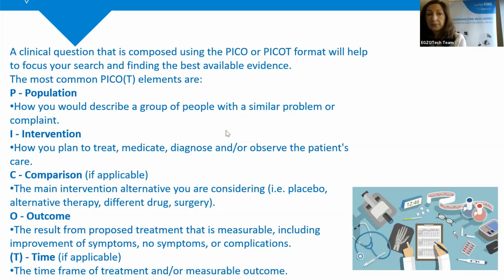O for outcome, so the result from the proposed treatment that is measurable and includes improvement of symptoms or no symptoms or no complication. Another additional letter is T, like time. It's sometimes applicable. So this goes for the time frame of treatment and the measurable outcome.